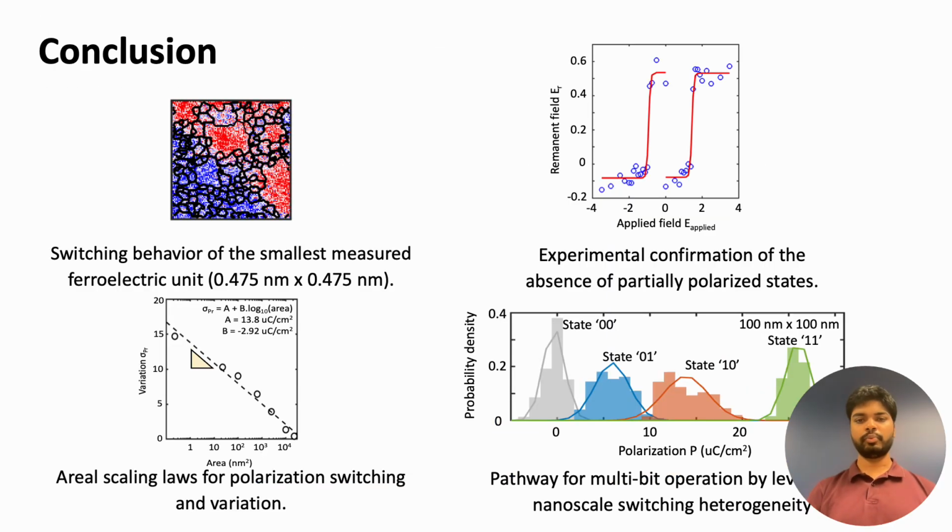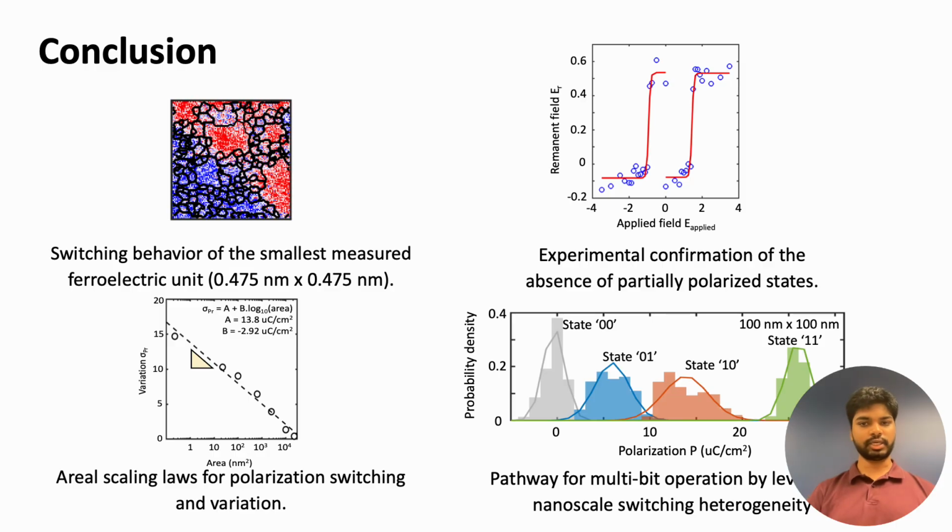To summarize, we have resolved switching behavior of ferroelectrics down to the smallest measured ferroelectric unit, which is half a nanometer by half a nanometer, and shown experimentally that partially polarized states are absent in polycrystalline HZO down to subdomain dimensions. We have extracted areal scaling loss for polarization from a ground-up perspective.